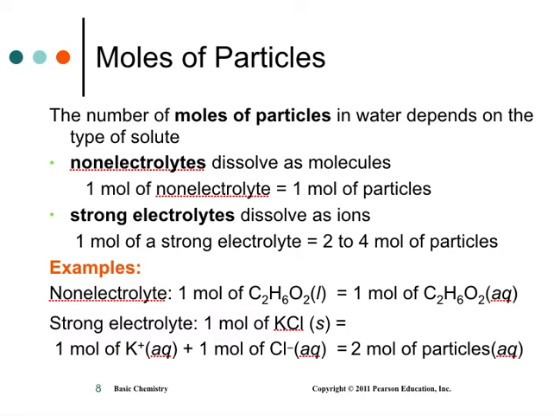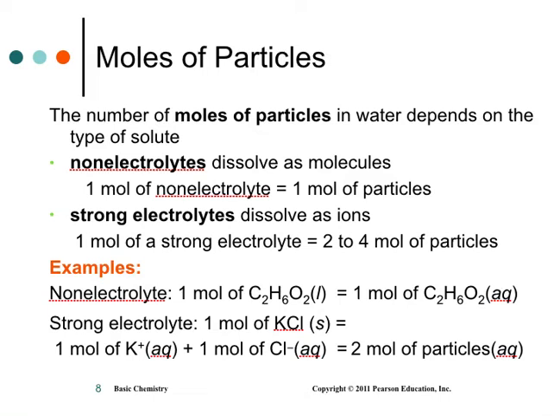A mole of sugar, okay, if you put a mole of sugar into water, you're still going to have a mole of sugar because it doesn't break apart. If you have a mole of potassium chloride, which breaks apart as 1 positive, 1 negative, you put that in water, you're going to have 2 moles of particles in the water.